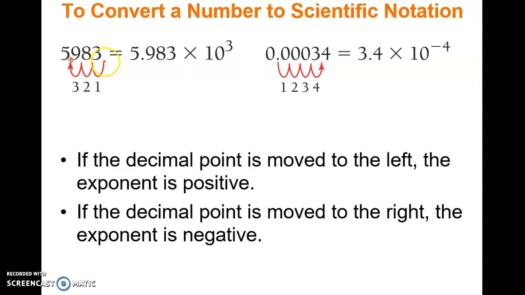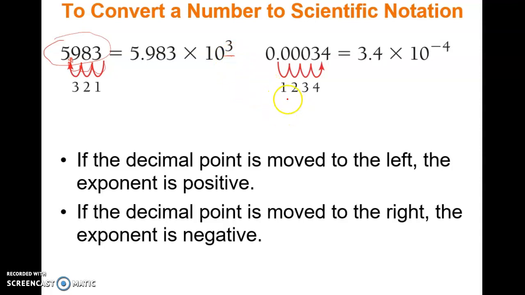So in this situation, our assumed decimal is at the end, and we'd have to move it 1, 2, 3 places to get it there. If you're moving your decimal point to the left, you're going to have a positive exponent, but also a good way to remember is that you know that this number is greater than 1, so you're going to have a positive exponent. And our answer becomes 5.93 times 10 to the positive 3. And it's 3 because that's how many places you had to move the decimal over.